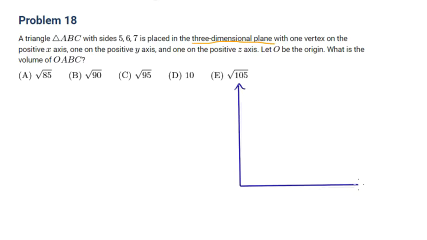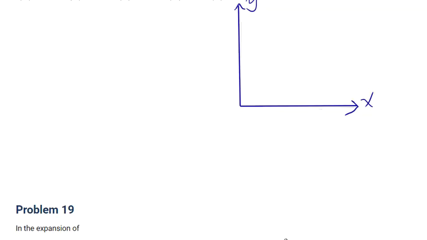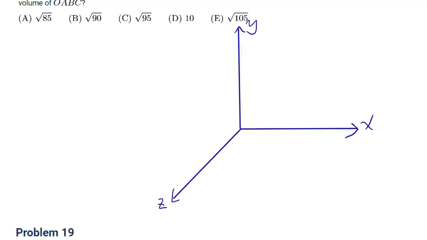Anyways, let's draw this graph. Okay, this is X. This is Y. This is Z. Ignore this problem 19 thing poking out. Why did I draw the graph so big anyway?